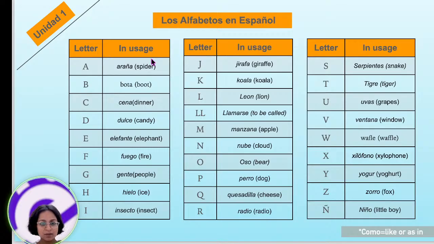B, bota. Also, for your ease, I have kept the English meanings of all the words. So just keep watching the space for the meanings. A, araña. B, bota. C, cena.